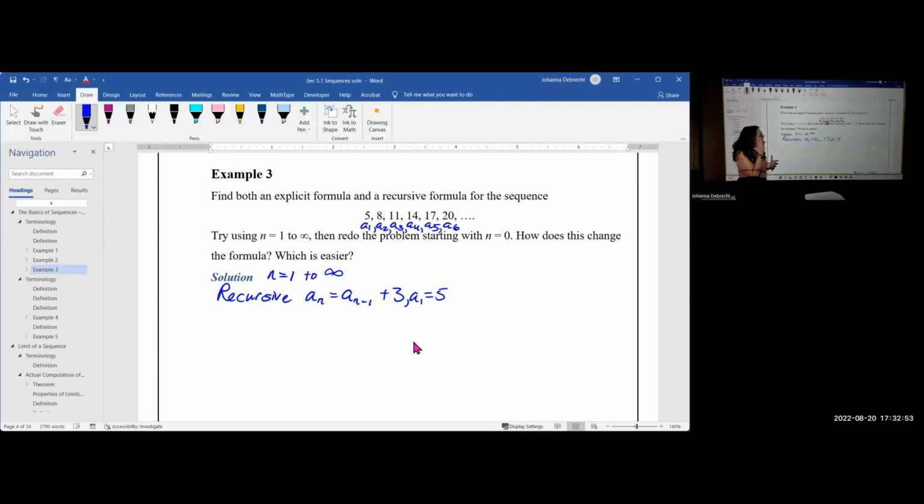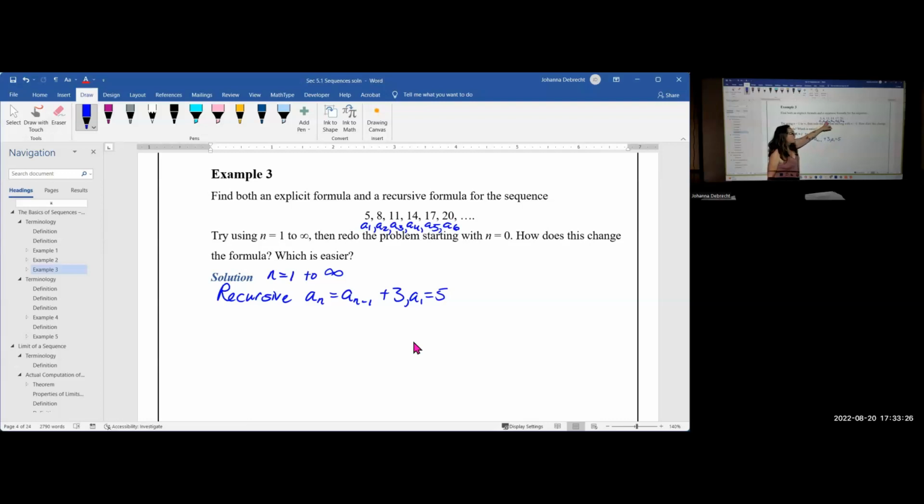So it looks like a sub 1 is 5 and a sub 2 is 8. So basically I want to start with 5 and add 3 one time. But to get from 5 to 11, I add 3 twice. And to get from 5 to 14, I add 3 three times. So in other words, I'm adding 3 one time for each jump that I make.